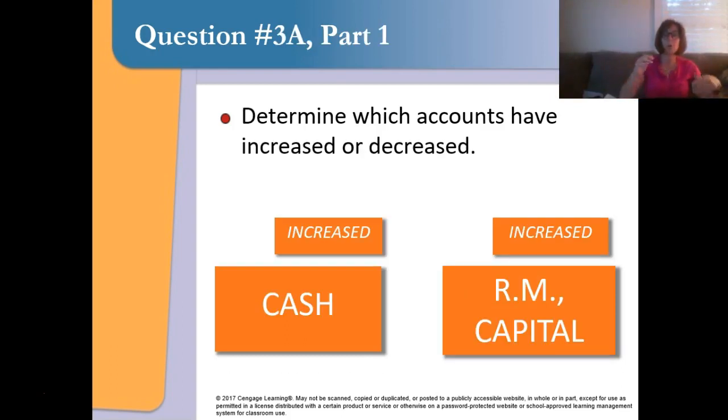In both instances, we have two different accounts that are impacted, and each was increased by this transaction. And that won't always be the case. But in this case, we started the business receiving cash, we increased our cash, and Mr. Maxon's equity increased.